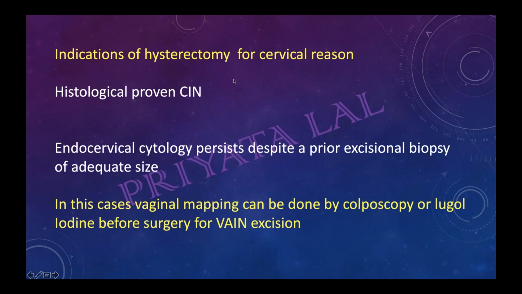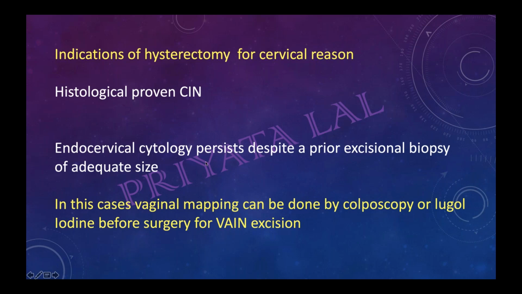When do you do hysterectomy for cervical reason? Like previously, what I explained is for CGIN. But hysterectomy can be done for cervical reason when you have histologically proven CIN, or endocervical cytology becomes positive despite excision.